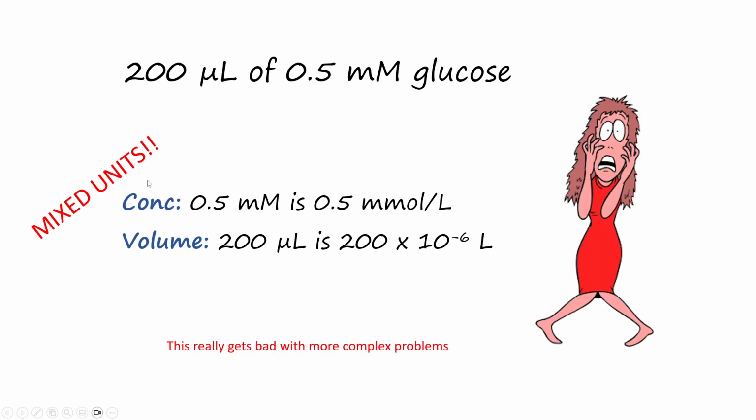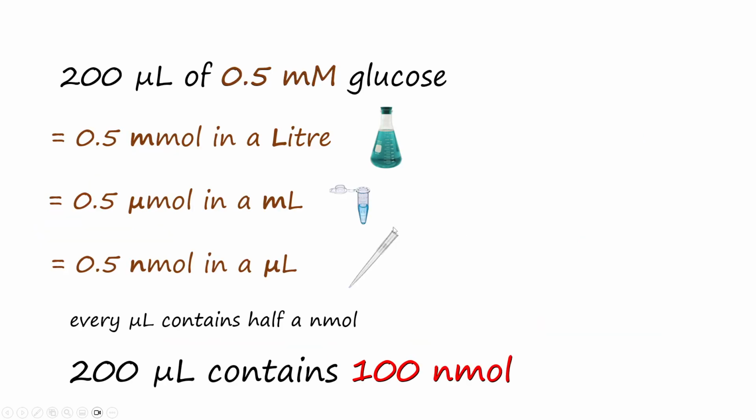This sort of mixed units is absolutely horrendous, but we see it all the time. It's really, really common with complex problems where you've got lots of different volumes and mixtures, all compounding this confusion.